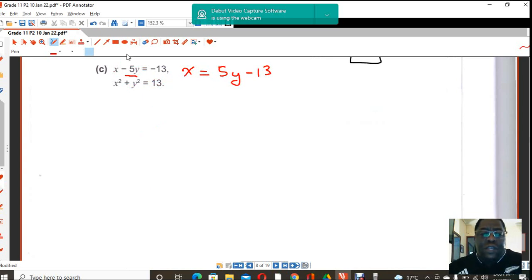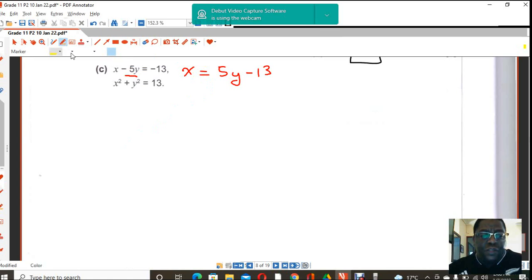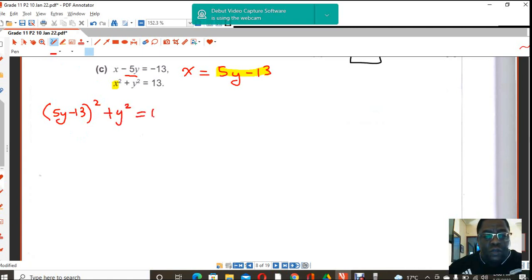Right, so I'm going to then take this value for x, the 5y minus 13, and substitute it into the second equation where I have the value of x there. So that means it's going to be (5y minus 13) squared plus y squared equals 13.